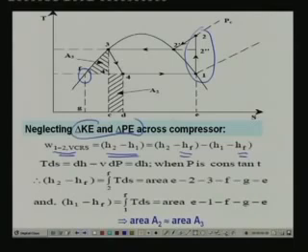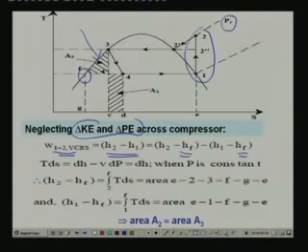Now I make one small assumption here. I assume that the saturated liquid line coincides with the isobar PC. That means if I extend the isobar in the liquid region, I assume that this isobar coincides with the saturated liquid line. This is a reasonably good assumption because if you look at the actual TS diagram, you find that the isobars are very close to the saturated liquid lines.